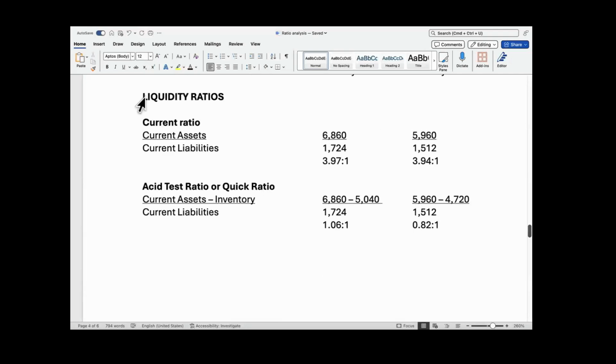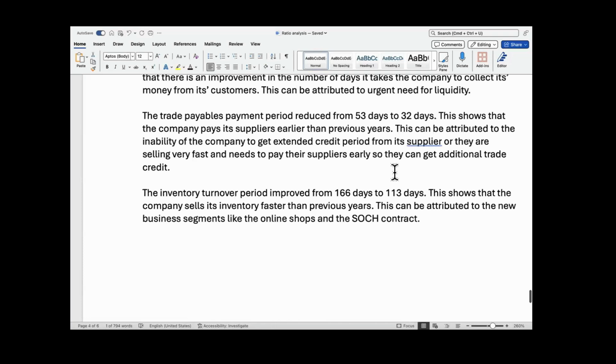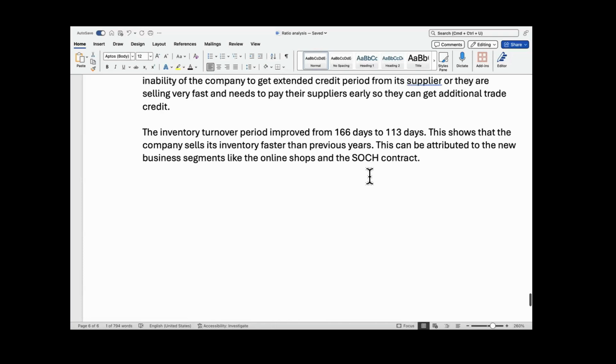Now, for the liquidity ratio, this one improved marginally from 3.94 to 3.97. Just marginal improvement. Okay, so let's talk about that. The current ratio improved marginally from 3.94 to 1 to 3.97 to 1.